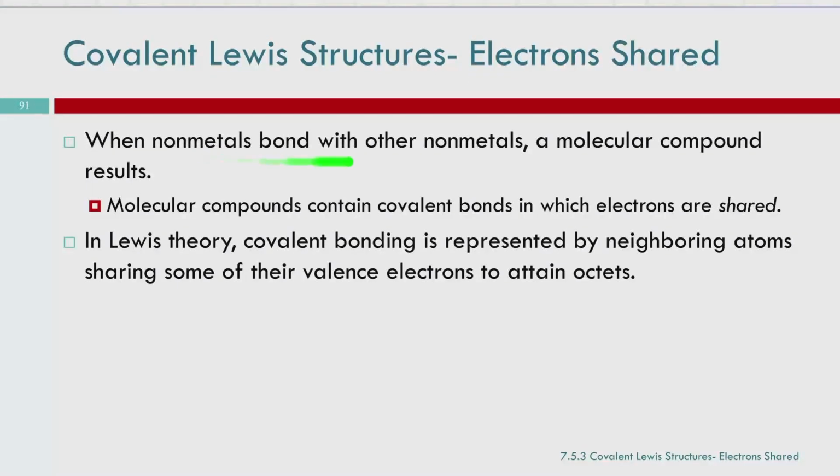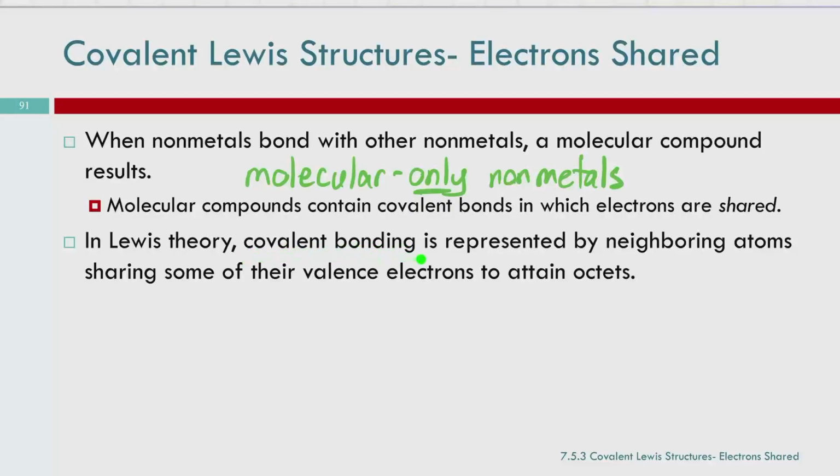When nonmetals bond with other nonmetals, again being stuff in this upper right corner of our periodic table, hydrogen also included in that most of the time, when those things bond, a molecular compound results. So molecular, only nonmetals, no metals in my molecular compounds. And these electrons are shared, so this is different from with the transfer.